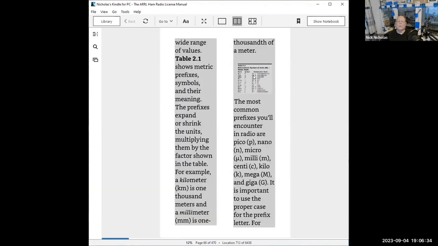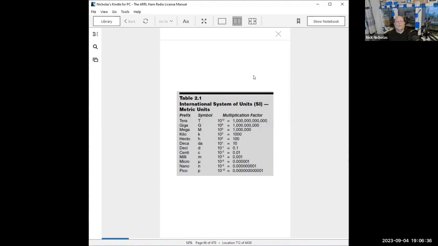It's really not cooperating today. There we go. So it wants to know how many milliamperes, and a milliampere is 0.001 of the base unit. The base unit in this case is the ampere, which is the unit of measure for current. Current is the flow of electrons through a conductor or a circuit.